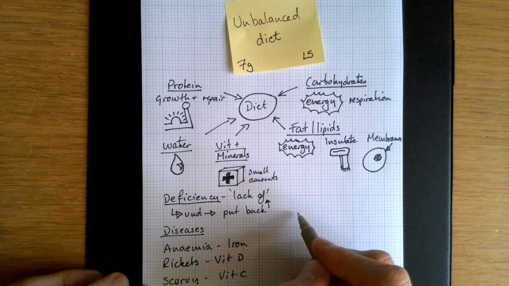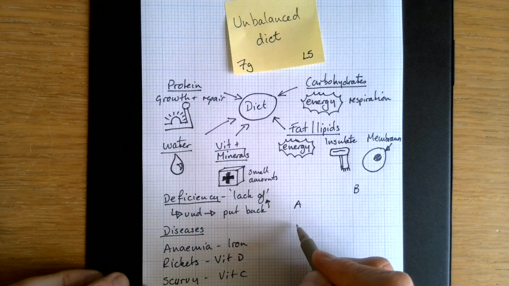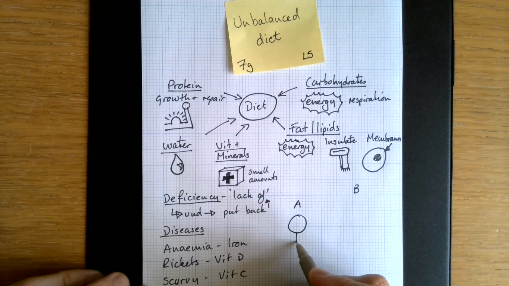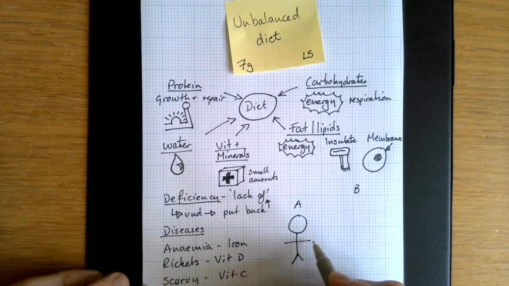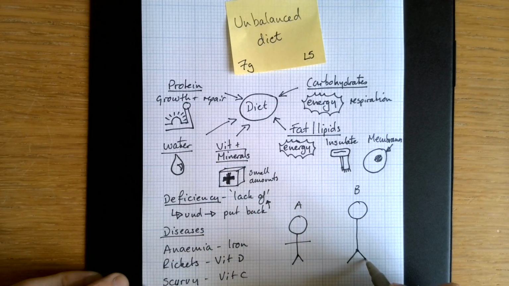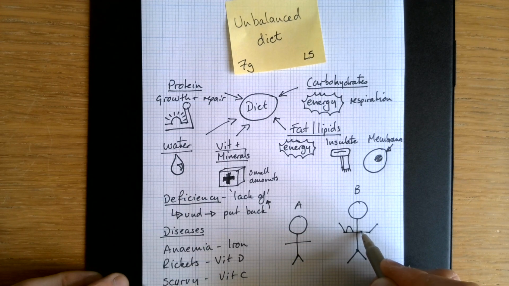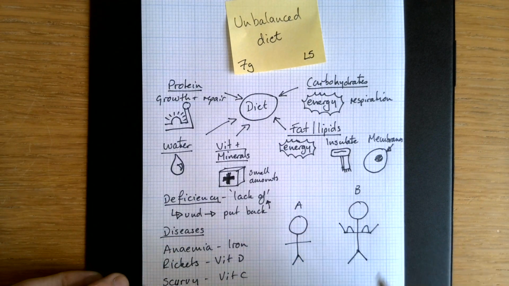One kind of rule that we could look at is if we had two people, person A and person B. Generally, the bigger a person is, the more cells they're made from. And as a result, if they're made from more cells, then they require more energy, so they'd have to take in more food.